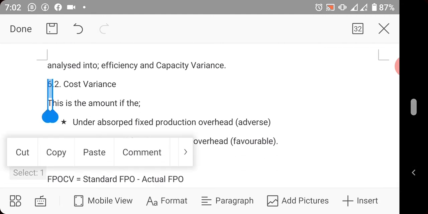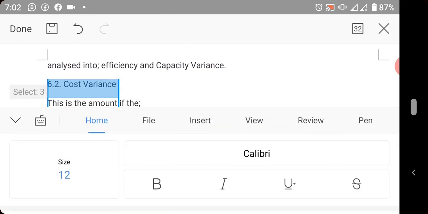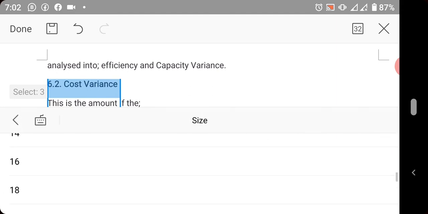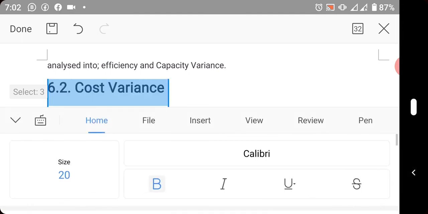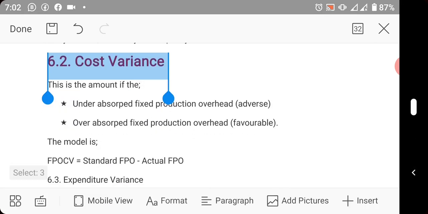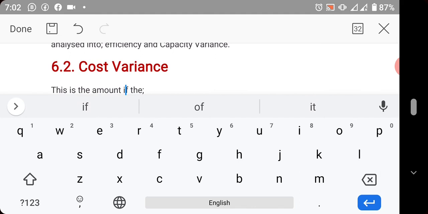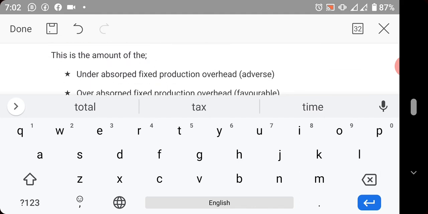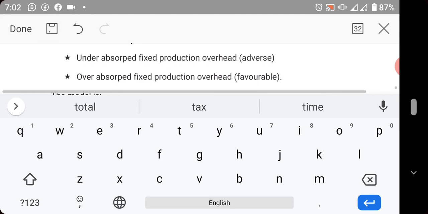So let's look at cost variance. Cost variance is the difference between the standard and actual cost of fixed production overhead. This is the amount of the under absorbed fixed production overhead, adverse, or over absorbed fixed production overhead, favorable.